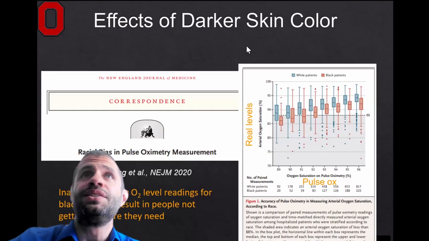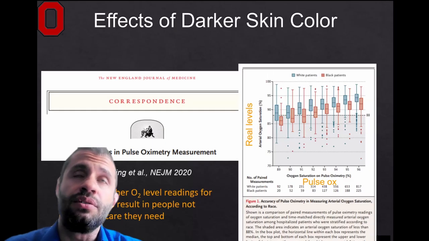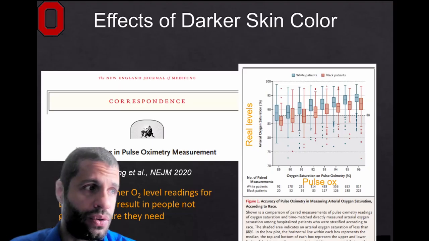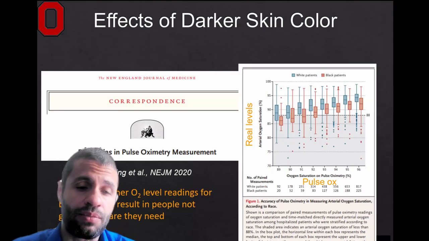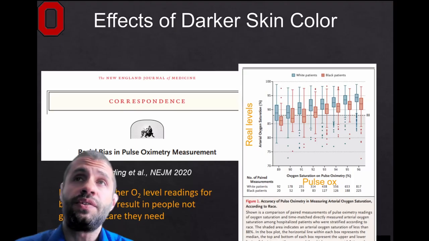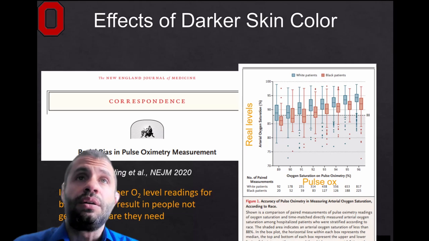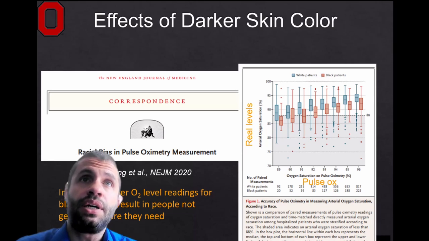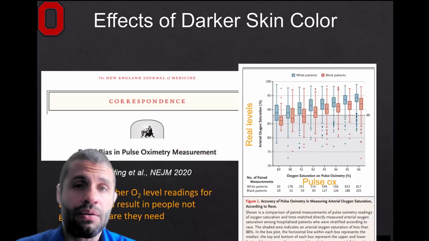One of those limitations comes in the effect of lack of calibration, or lack of subjects for calibration that have darker skins. This is something that has been heavily investigated, and particularly during the pandemic, came into a pretty strong spotlight because a lot of individuals with darker skins were having inaccurate readings, and therefore were not getting the care that was needed.